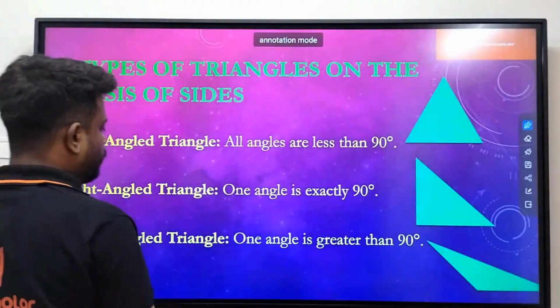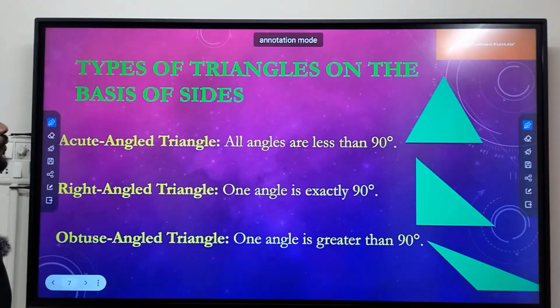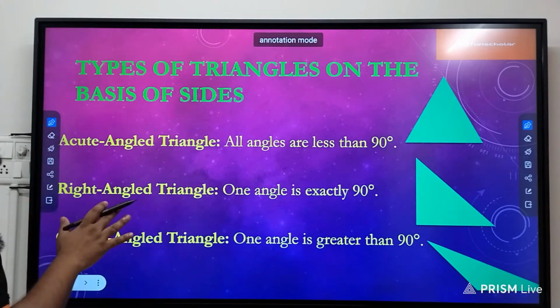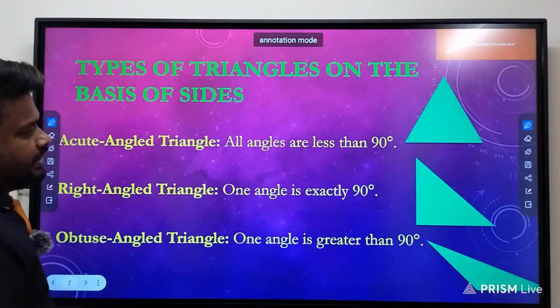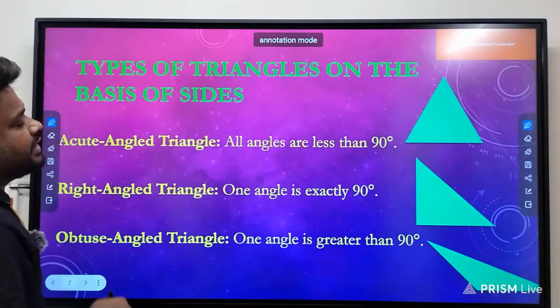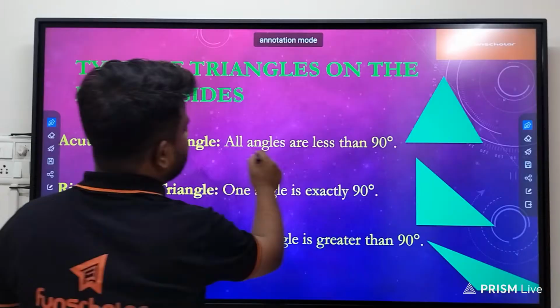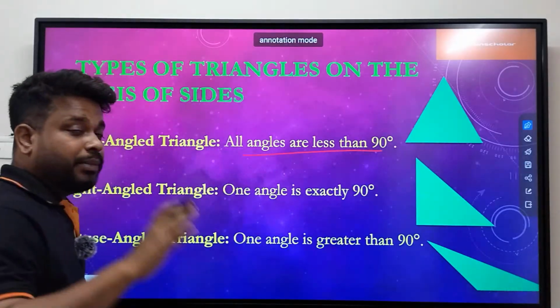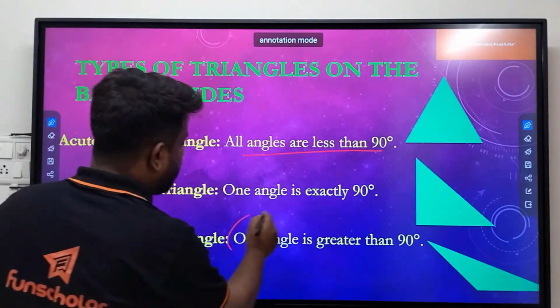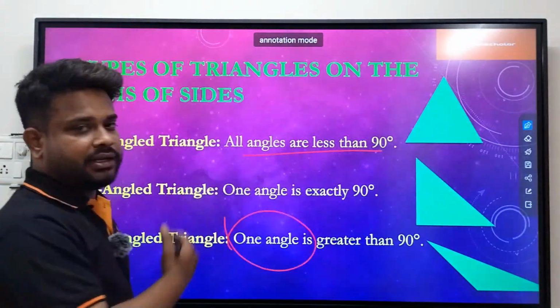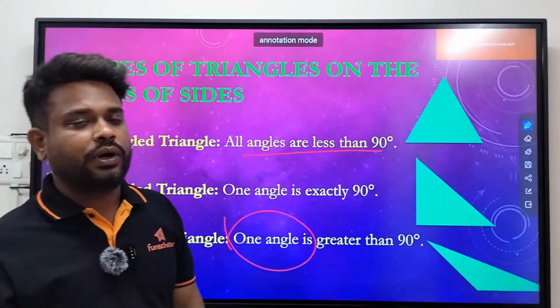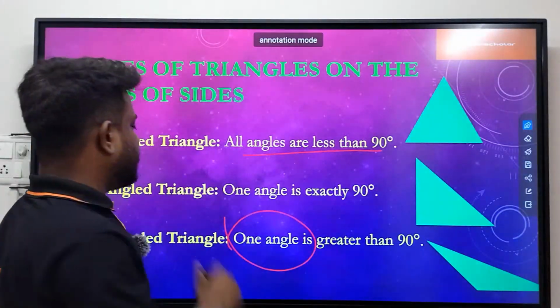Let's go to the next one, that is the obtuse angle triangle. An obtuse angle is just the opposite of an acute angle. In an acute angle triangle all the angles are less than 90 degrees, but if only one angle measures greater than 90 degrees, that triangle will be called the obtuse angle triangle.